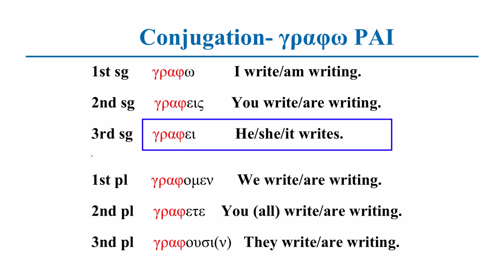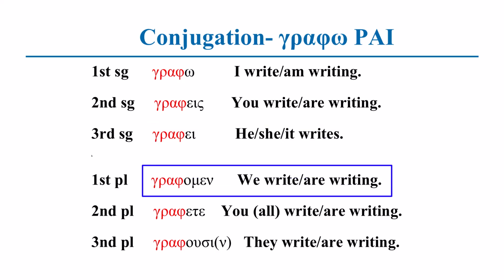So if it's male, your translation becomes he writes. If it's feminine, the translation becomes she writes. If the word is neuter, the translation becomes it writes. But when you're conjugating, you have to show he or she or it, because you don't have the context to guide you. So third person singular, you have graphei, which means he or she or it writes.